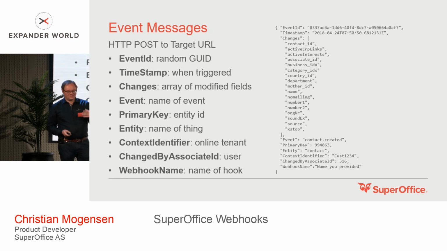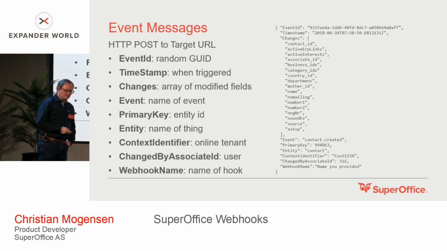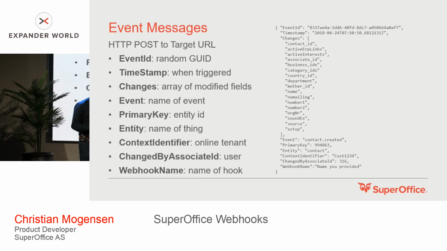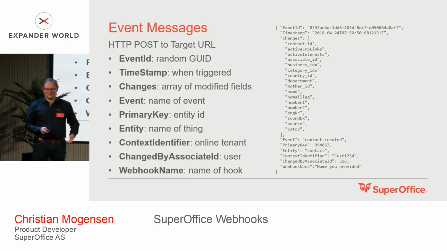Context identifier online tells you which instance, which tenant; on site, it'll say default. Changed by associate tells you what user triggered this. And then the name of the webhook you registered this under, so you can recognize which registration it came from. The payload will always have this shape and these properties.